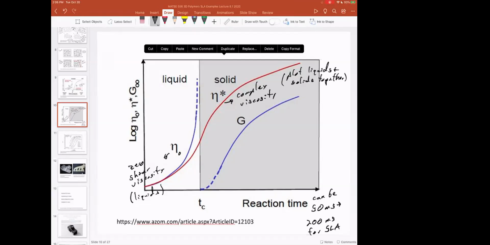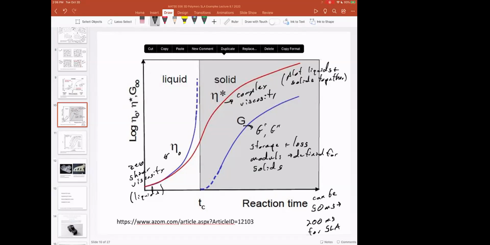I actually don't know it off the top of my head, but modulus G, so G prime and G double prime, is the storage and loss moduli. And they're defined for solids.